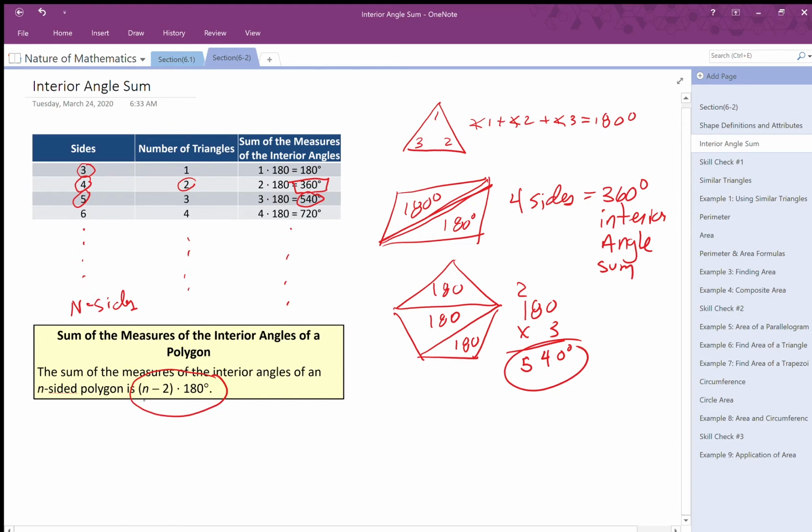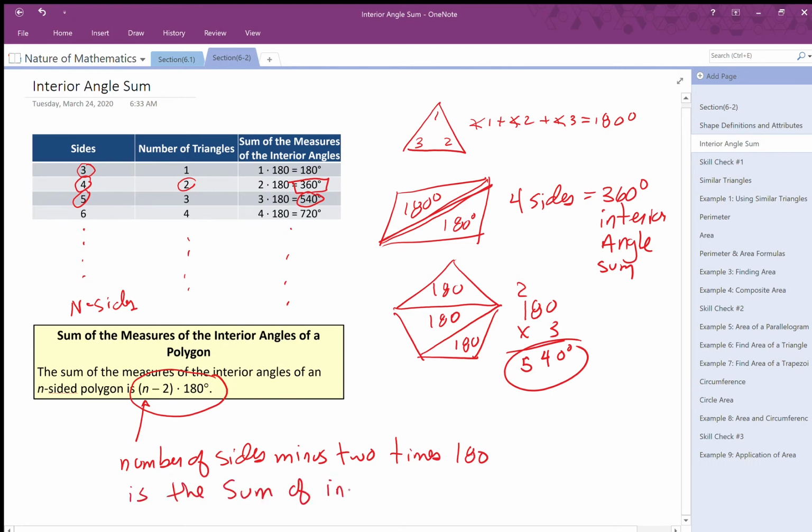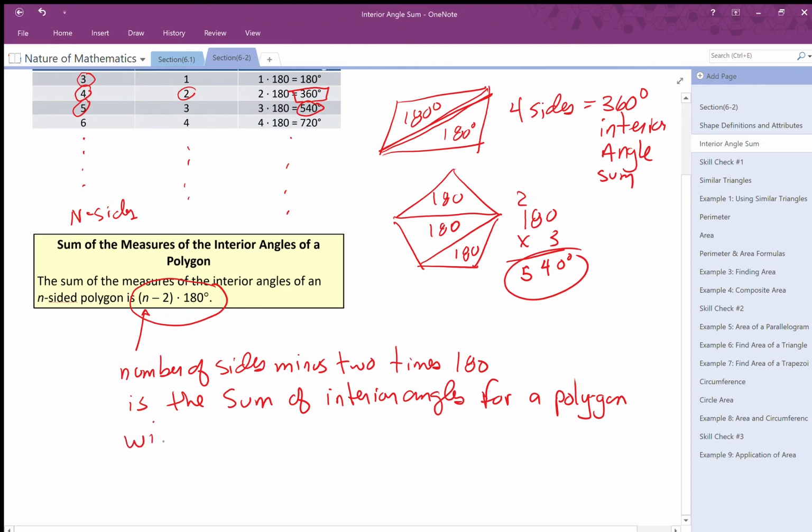The number of sides n, number of sides minus 2, times 180, is the sum of interior angles for a polygon with n sides.